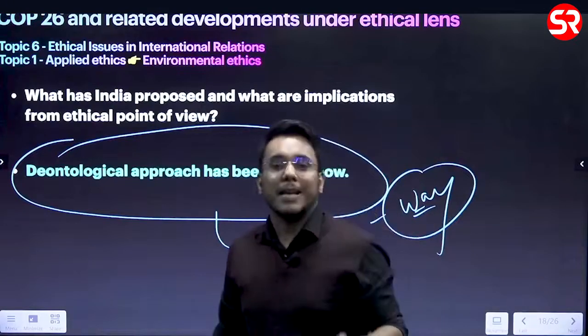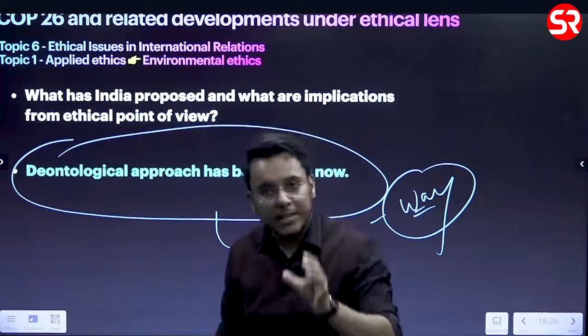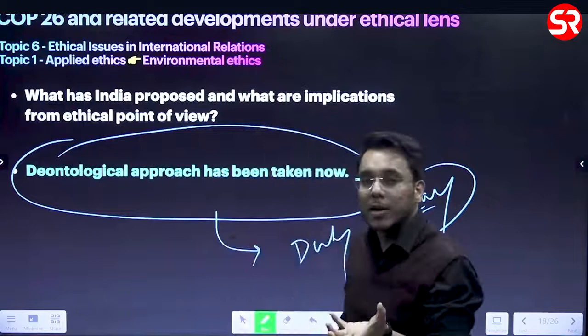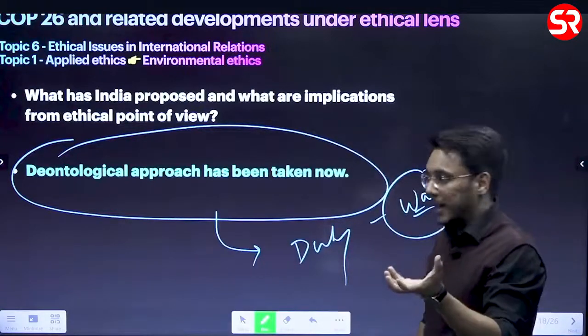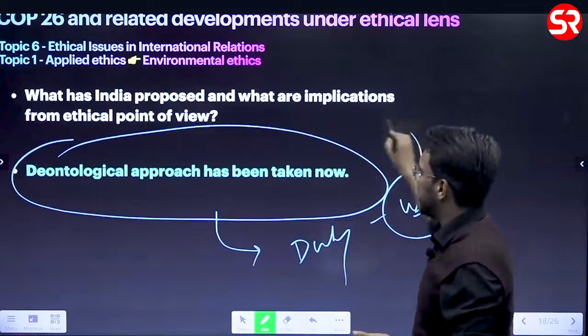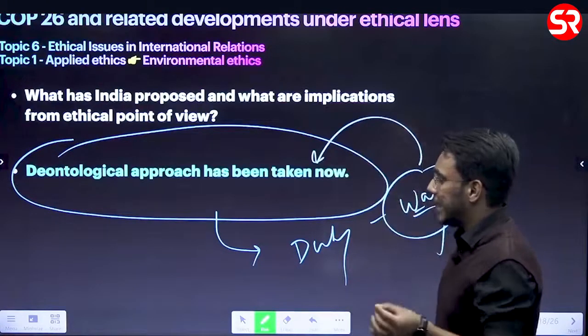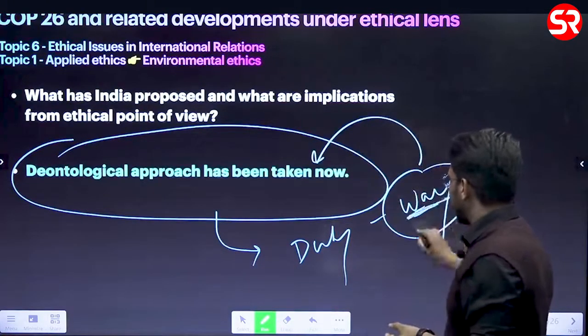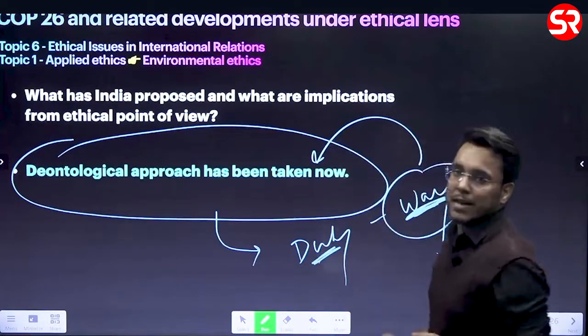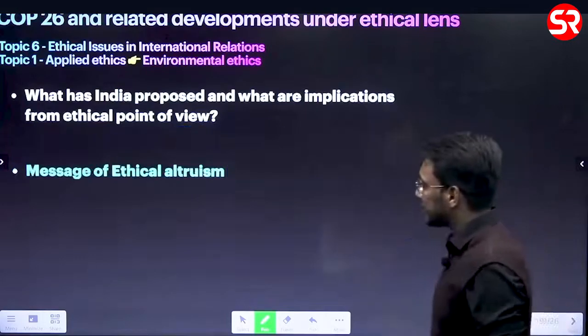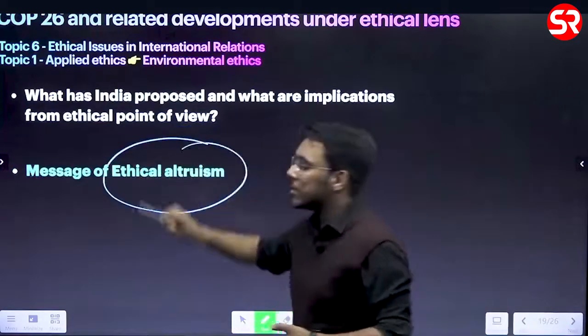According to a report by the Climate Tracker, India was overachieving their INDC. But now, in order to show a more responsible way, India had changed their viewpoint, and now the deontological approach, where India is taking a more just way, more enhanced duty, is reflected.